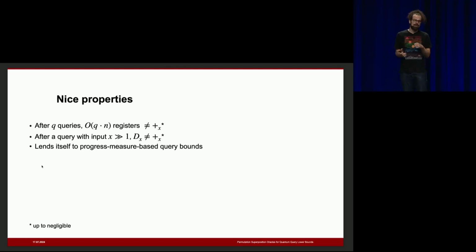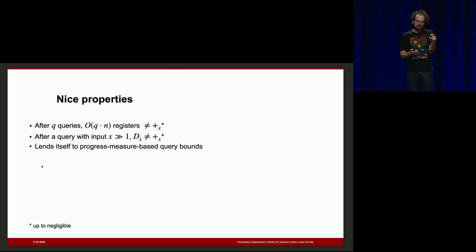Also, after a query with an input x that's not too small, the register Dx actually has flipped from being in the uniform superposition into something else. And these two properties together are actually what is useful to prove query lower bounds with this technique.